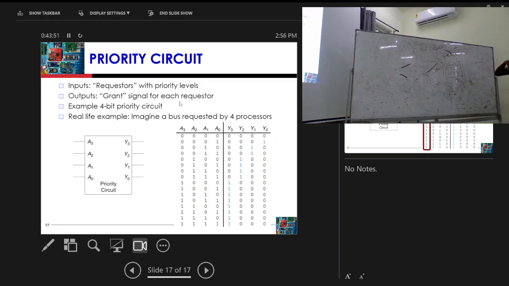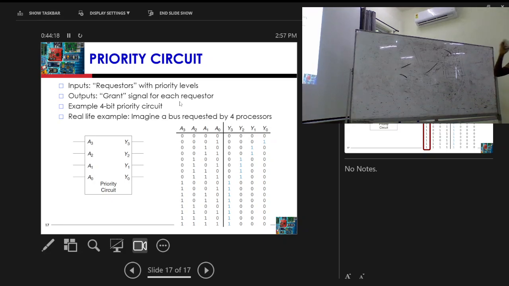So when A3 requests, Y3 must be on or off based on its priority level. So from the table, which one do you think has the highest priority?